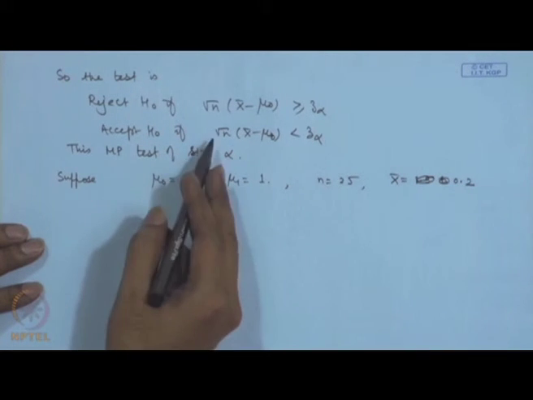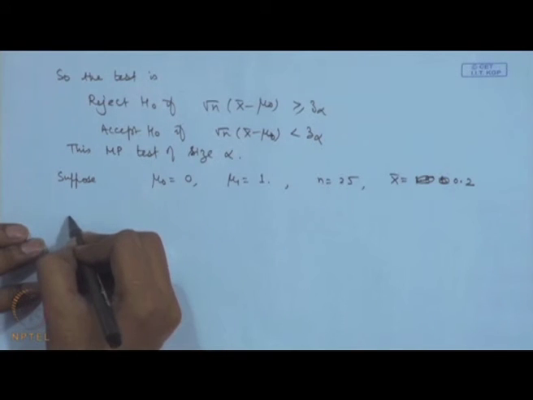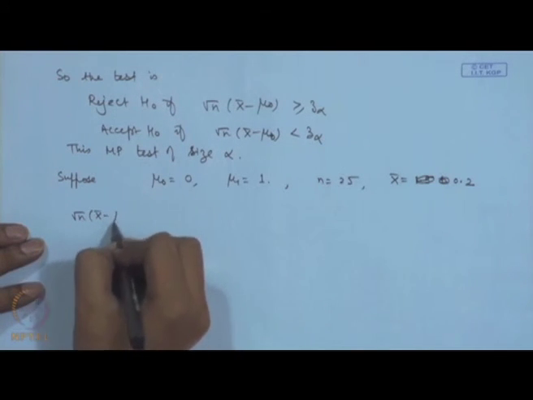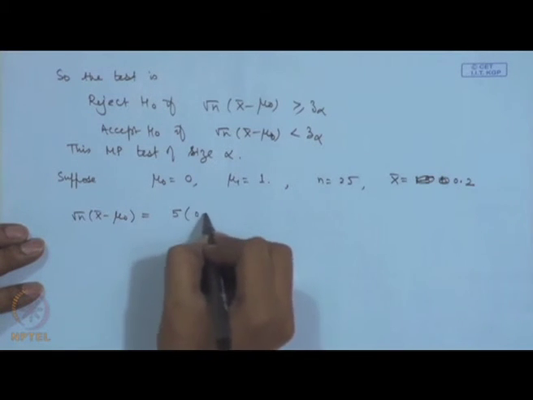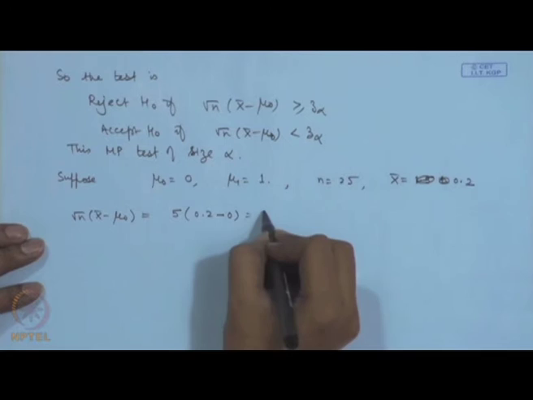In that case, let us calculate this quantity root n (x bar minus mu naught), that is equal to 5 times 0.2 minus 0, that is equal to 1.